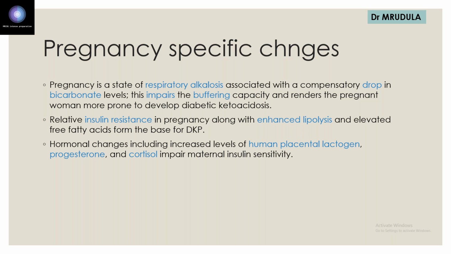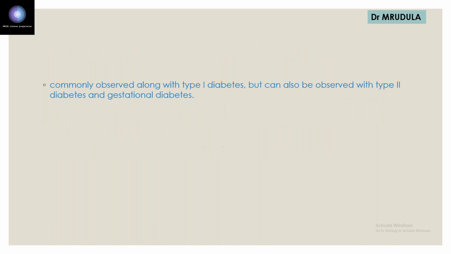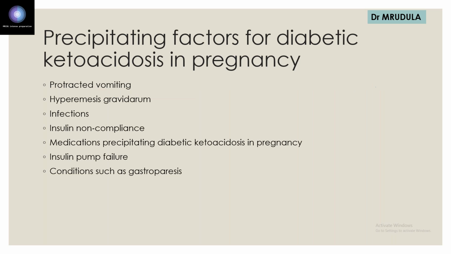Then also the hormone changes which occur in pregnancy, like increased levels of progesterone, human placental lactogen, and steroid levels, all these will be responsible for decreased insulin sensitivity or increased insulin resistance. So it will also contribute to the increased blood sugar levels. As I told you, it is usually present in type 1 diabetes, but it is also there with type 2 and gestational diabetes.